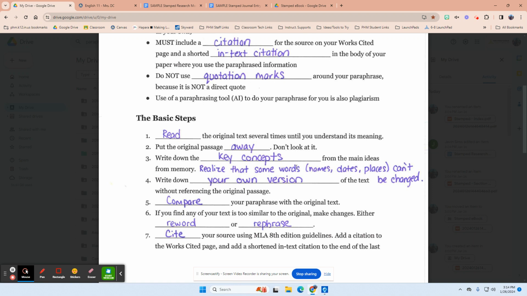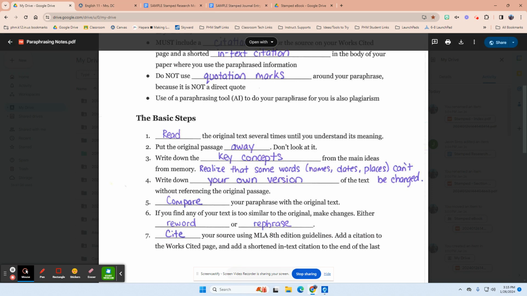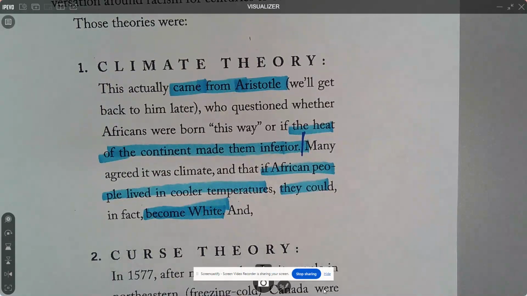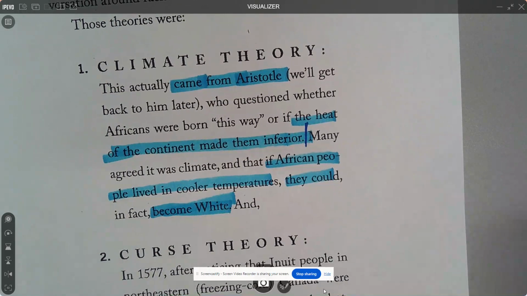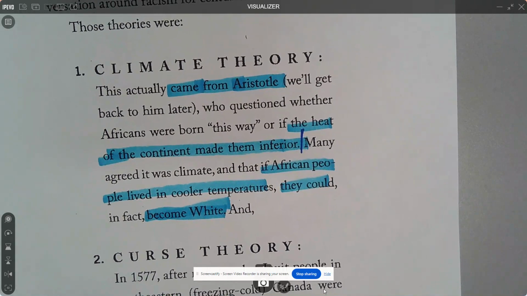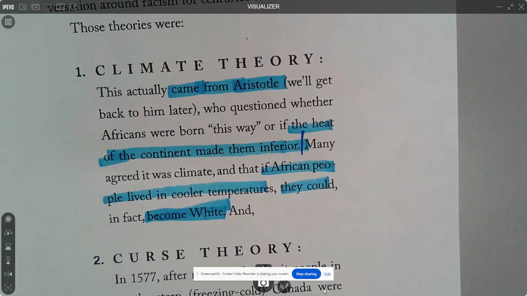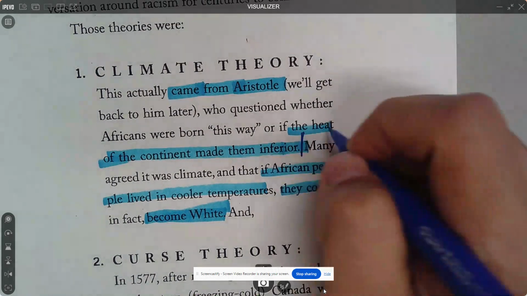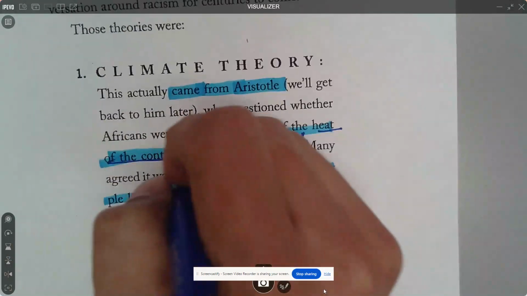I like to look at the text and see if there's anything that I am looking at and I already know I have no other language for. So, the heat of the continent.